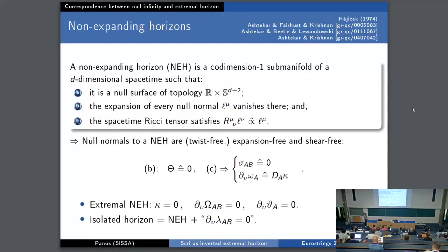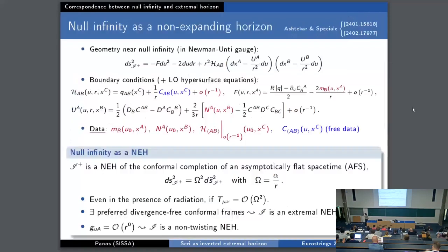Now the other side of the correspondence is null infinity of asymptotically flat spacetimes. Let me quickly review this geometry. In Newman-Unti gauge, the geometry of an asymptotically flat spacetime can be written in this form, where rho is some radial-like distance.